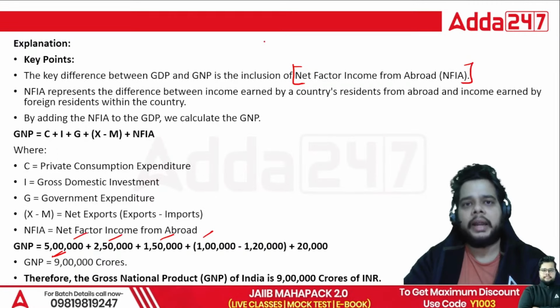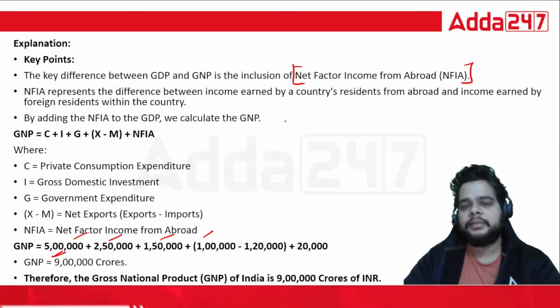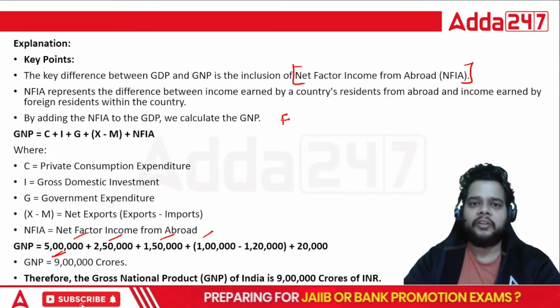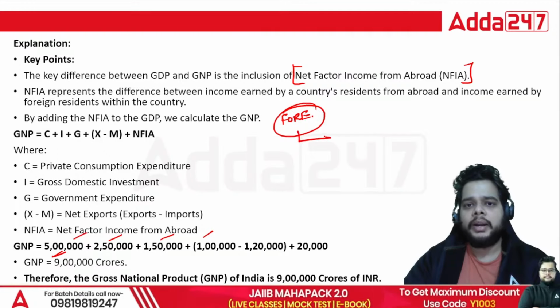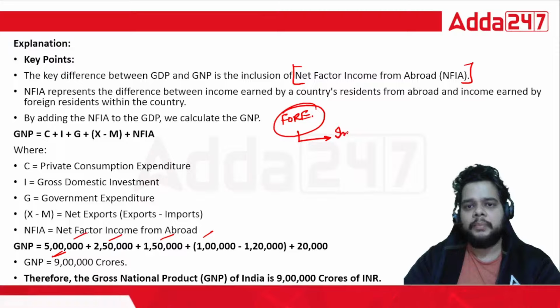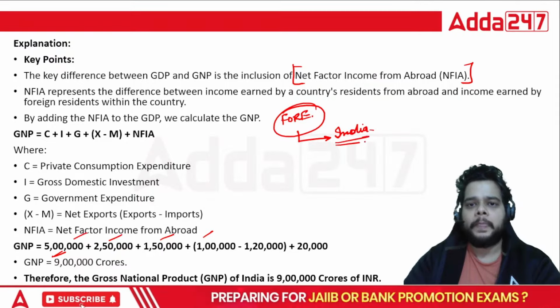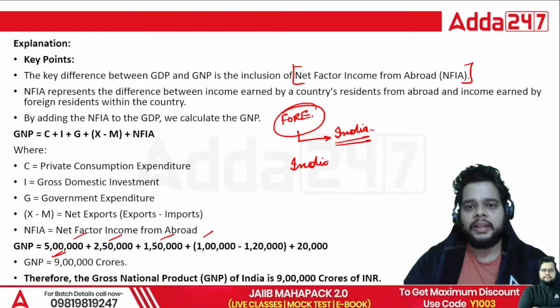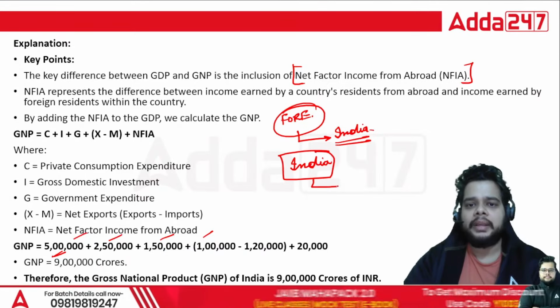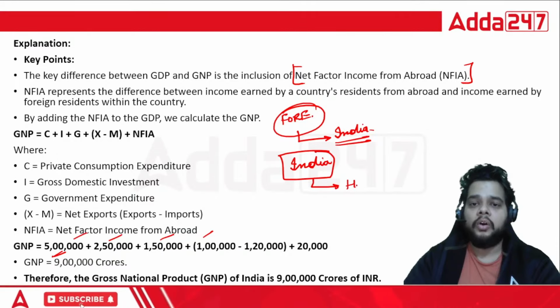There are certain Indians who are residing in foreign countries, but they are remitting their funds to the parent country, that is India. And there are certain foreigners who are residing within our country and they are remitting funds to their own homeland.